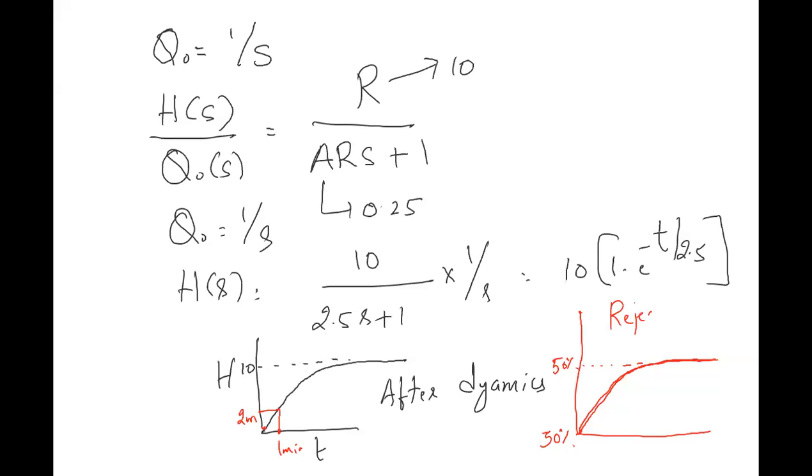This is called rejection of disturbance. See, the disturbance is going to affect my height. If you try to see here, let's say the level is 2 meters.